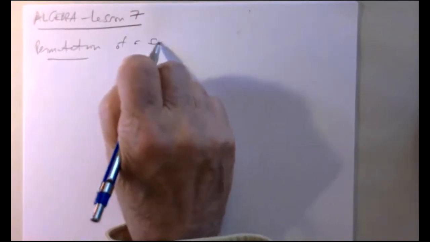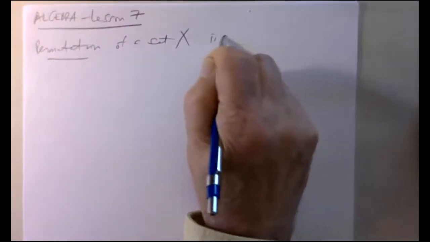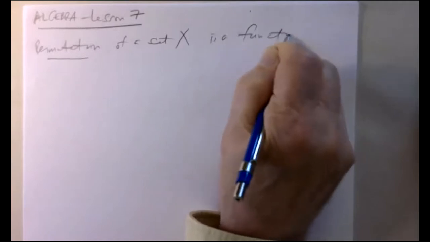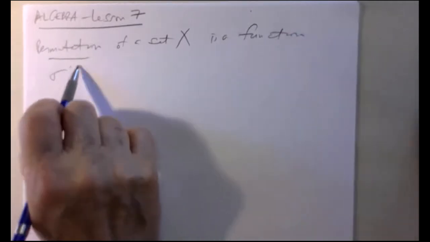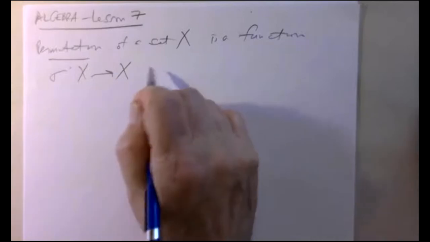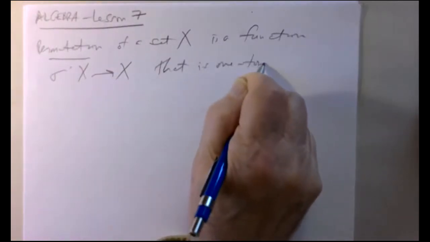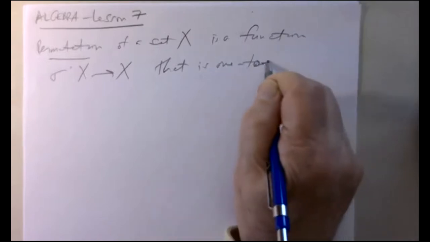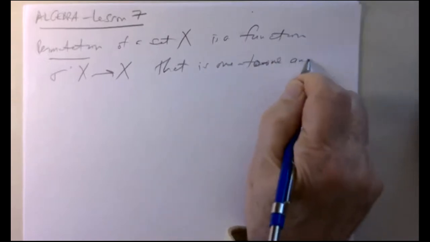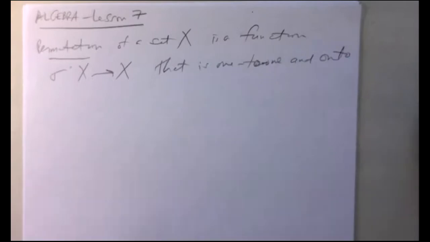So a permutation of a set X is a function from the set to itself that is 1-to-1 and onto.